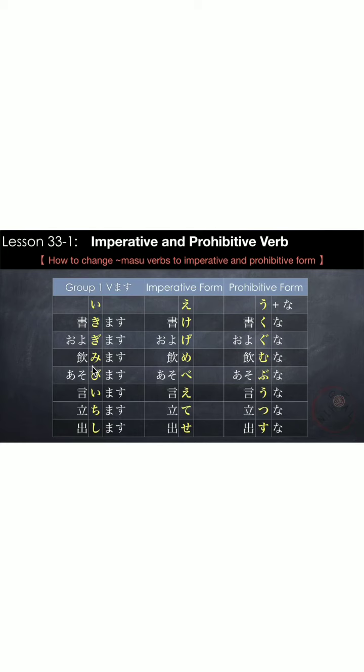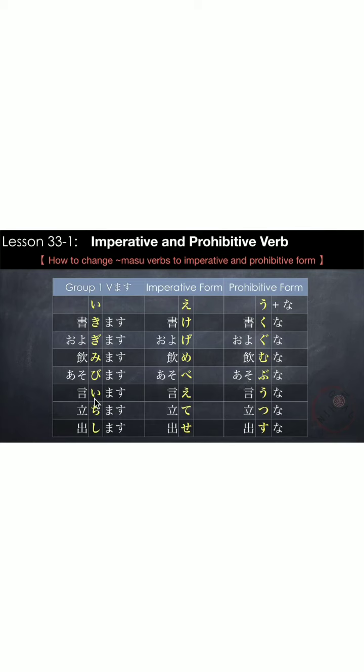Next is nomimasu, meaning to drink. It becomes nome. So mi becomes me, nome. And for prohibitive, nomuna. Next is asobimasu, meaning to play. It becomes asobe and asobuna.